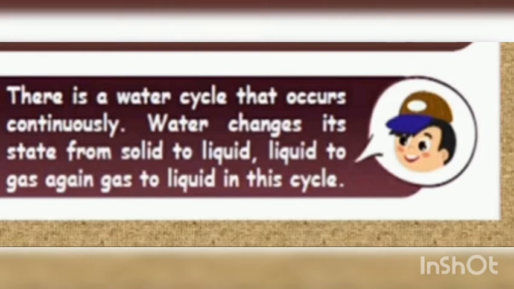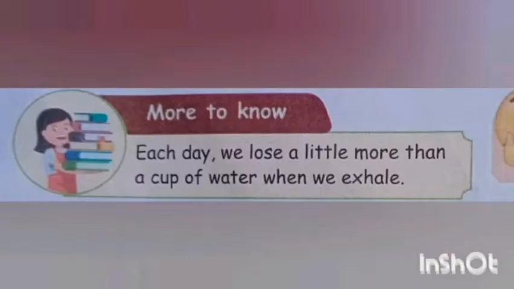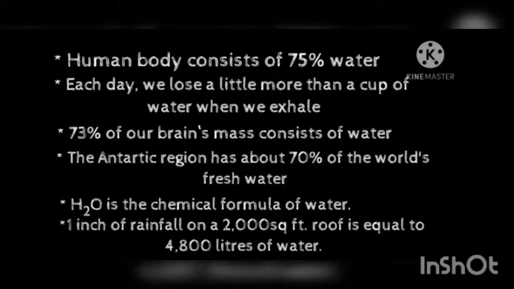Each day we lose a little more than a cup of water when we exhale, that is breathing out. Human body consists of 75% of water. 73% of our brain's mass consists of water.